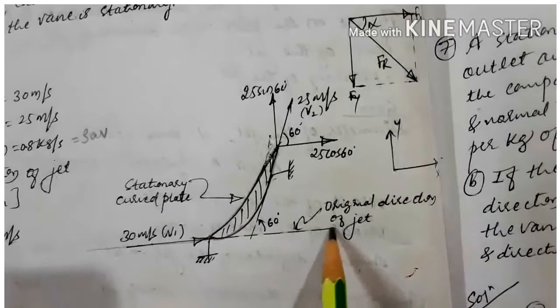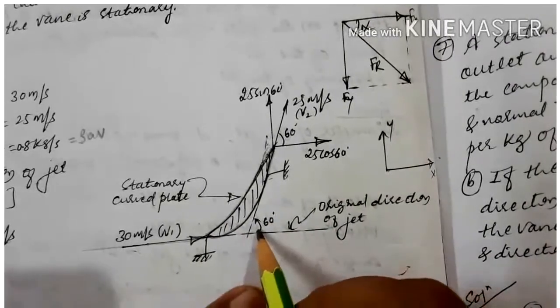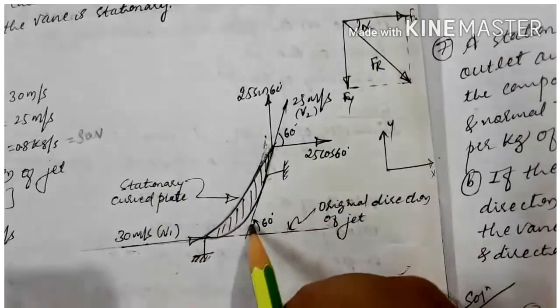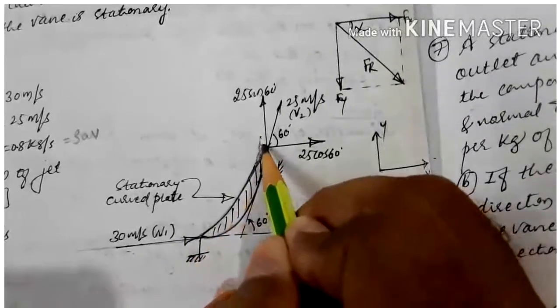If this is the horizontal, then the deflection angle is an acute angle of 60 degrees. The moment it strikes, it will deflect like this, making an angle of 60 degrees.